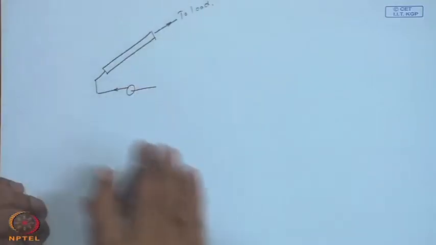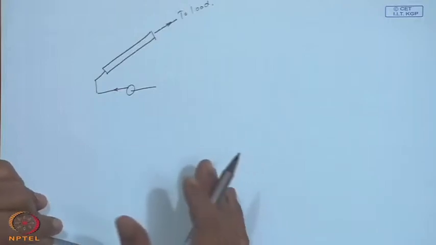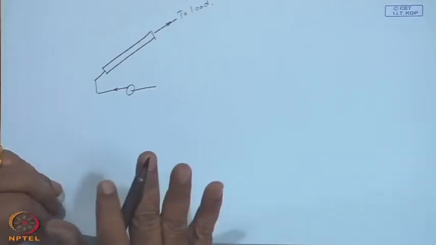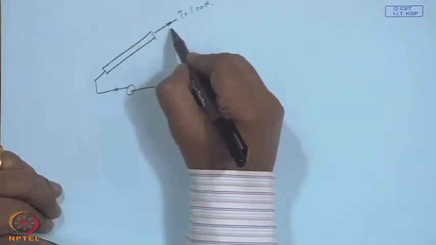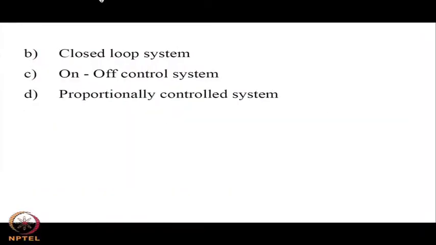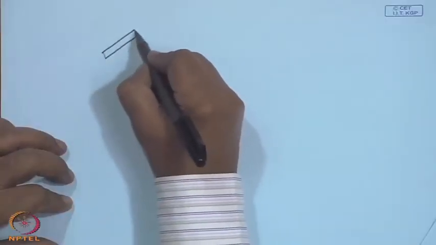Simply it goes through the collector once and the output water or air, whatever is collected, goes to meet the load, which is an open loop system. The influence of this output has nothing to do with this input. Then naturally, you have a closed loop, something like this.